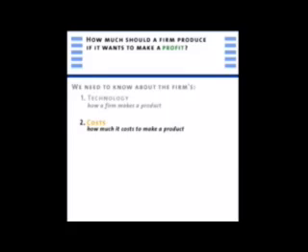Finally, we'll combine the information we have about the costs of production with information about the price at which the firm can sell its product. Once we've combined those pieces of information, we'll be able to predict the best course of action for a profit-maximizing firm.